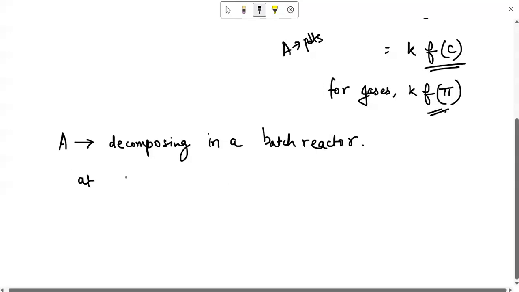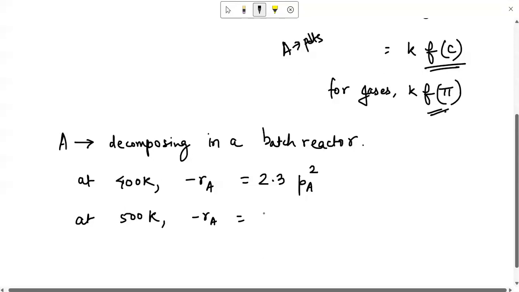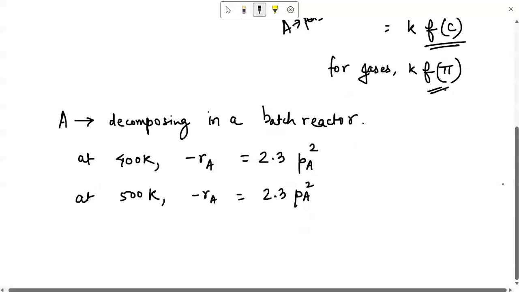At 400 Kelvin the rate of reaction is 2.3 pA square. This is the partial pressure expression. And at 500 Kelvin, the rate of reaction is again 2.3 pA square. Qualitatively you can say the rates of reaction are the same, but there is a motivation why I took this particular example.